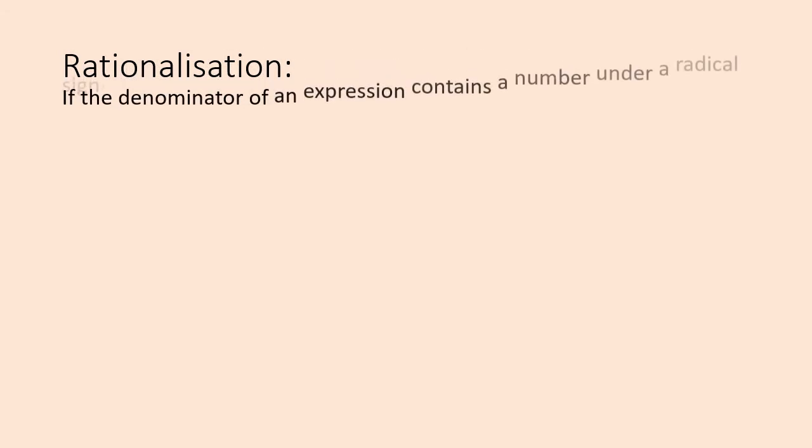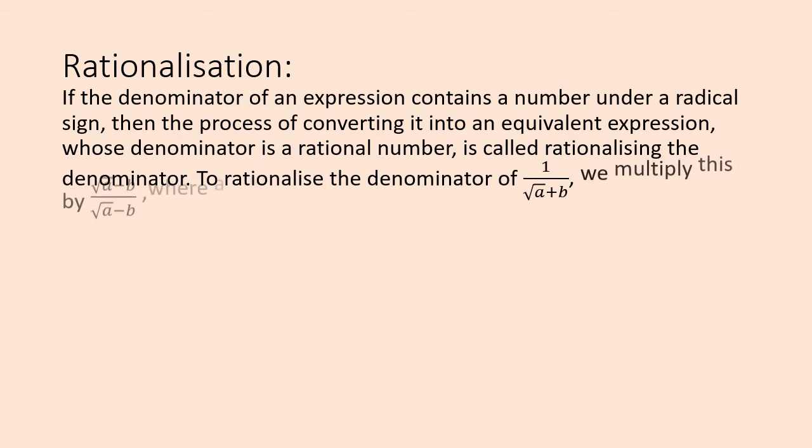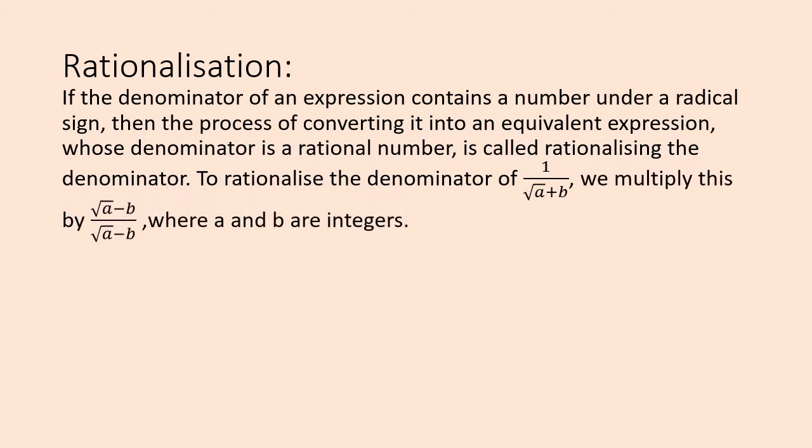Before moving to the exercise, let us discuss what is meant by rationalization. Rationalization means if the denominator of an expression contains a number under the radical sign, then the process of converting it into an equivalent expression whose denominator is a rational number is called rationalizing the denominator or rationalization.